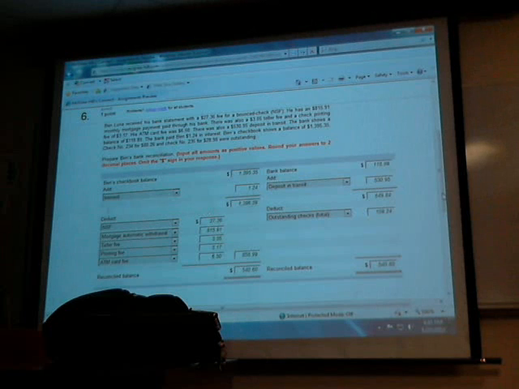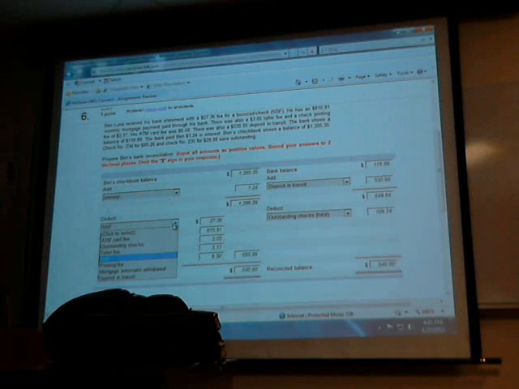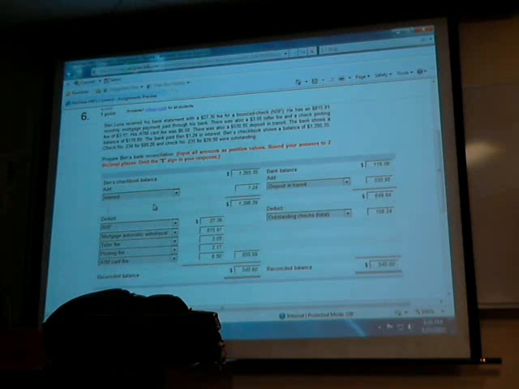Okay? If you pull down the drop-down menu, let's take a look. Okay? That should be the only possible correct answer. Well, you have a lot of deductions. Yeah.